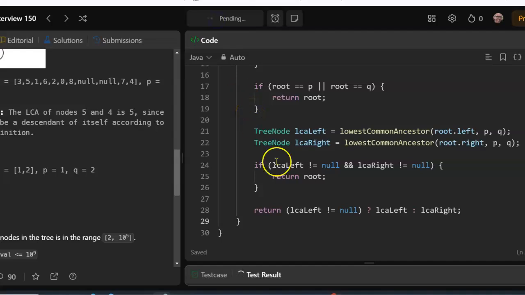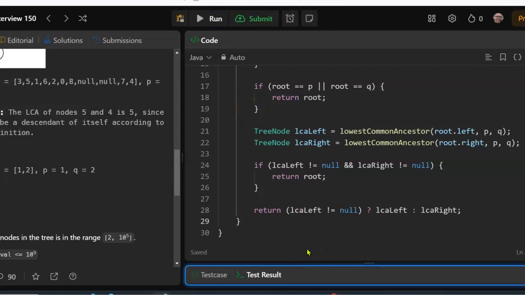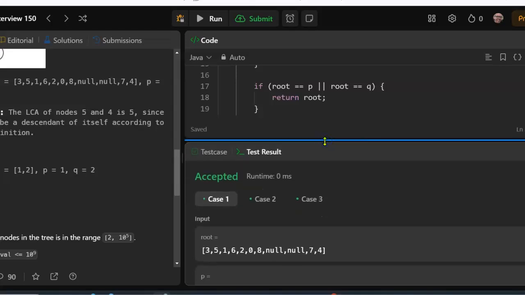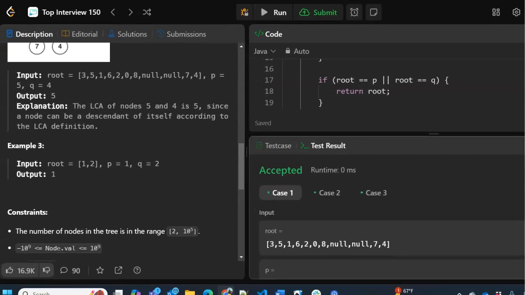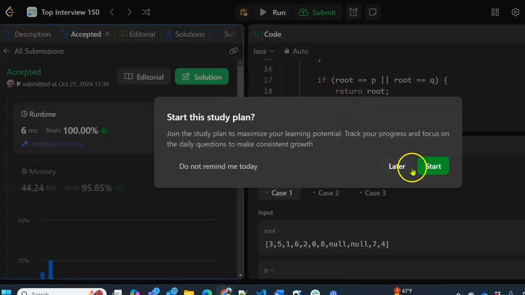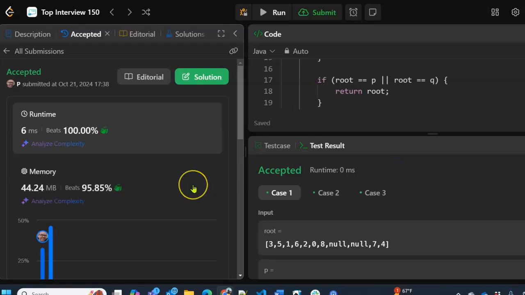Run. What happened? Oh, it's accepted. All right, that's good. If that's accepted, then I feel pretty good about it. Let's submit. Okay, what do we got? 6 milliseconds.